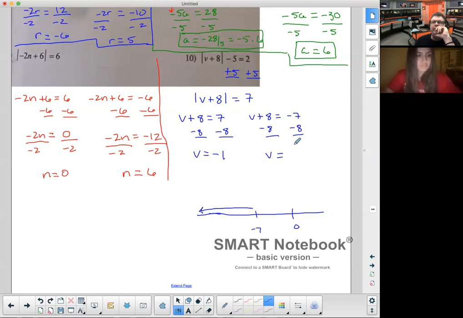So we're going 8 this way, and that makes it all the way to -15. 7 plus 8 is 15, but we're subtracting, so it's negative. And of course, you can do it on your calculator as well.